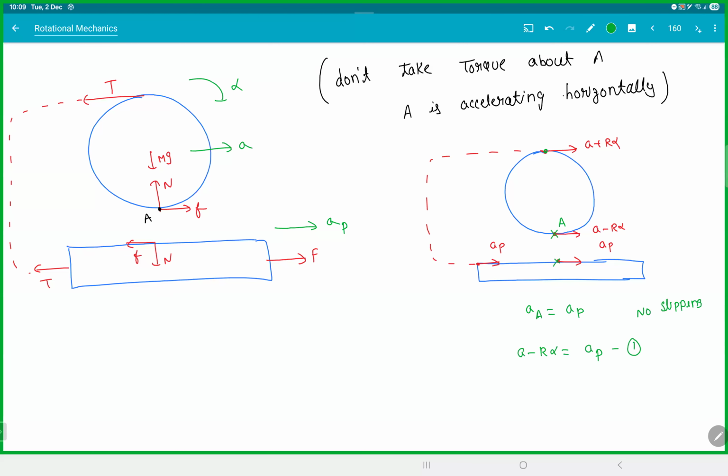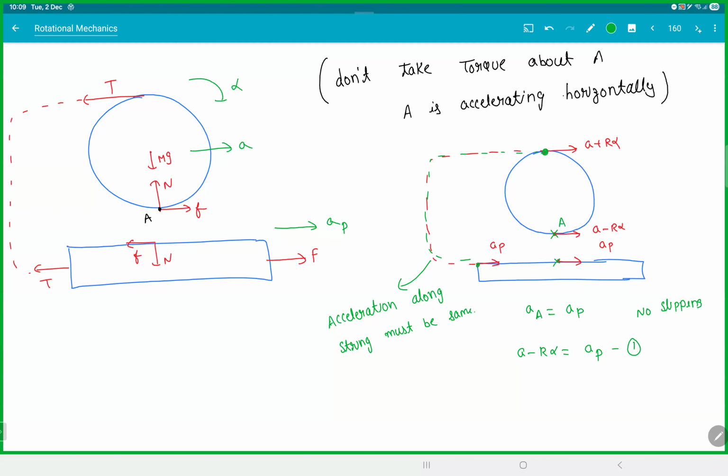Next thing, when you're connecting this point here and this point here, this is the string constraint. Acceleration along the string must be same. Now be careful here. I got the signs a little reverse there. Alpha should have been the other direction.